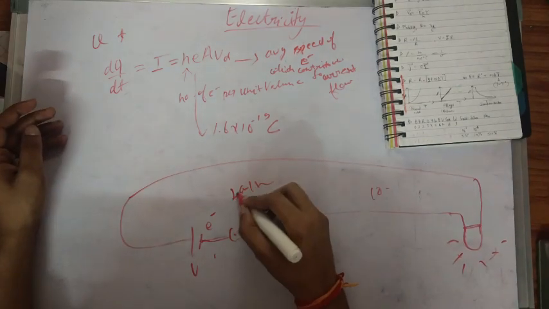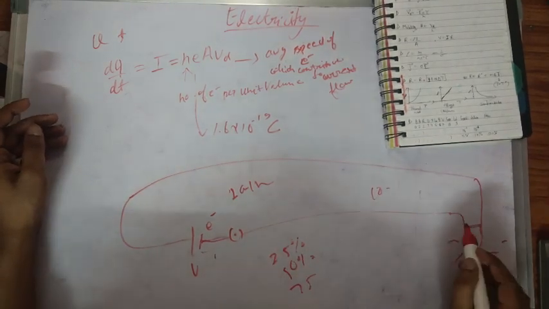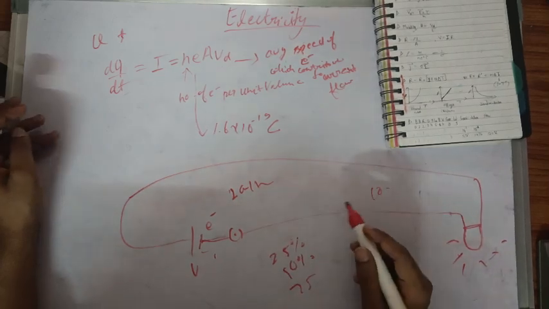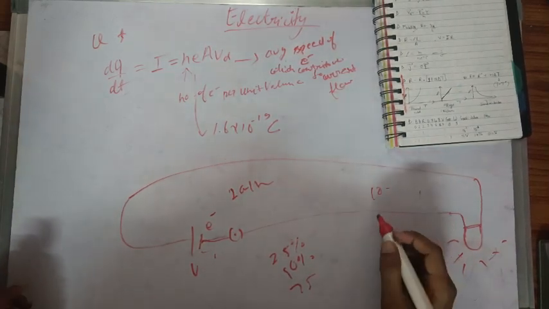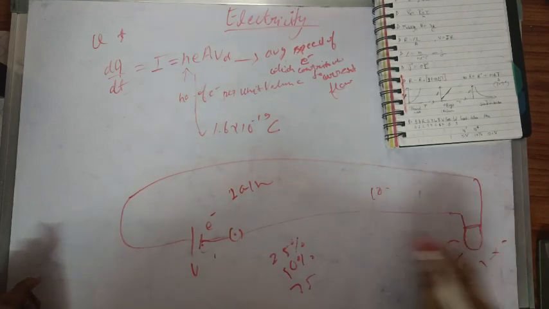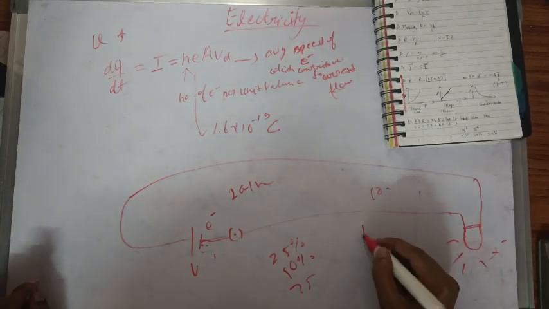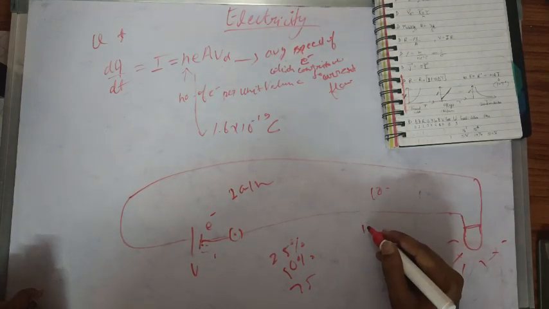The electrons cannot reach this position even in a day, but the signal reaches from this point to this point in just milliseconds.